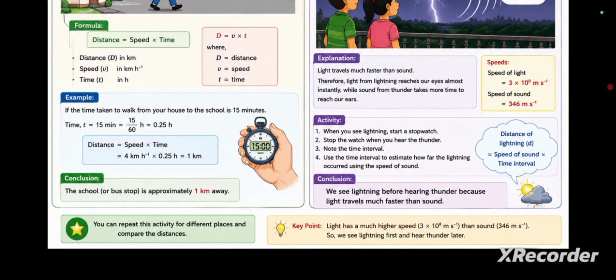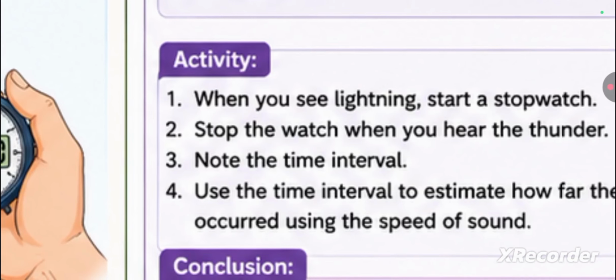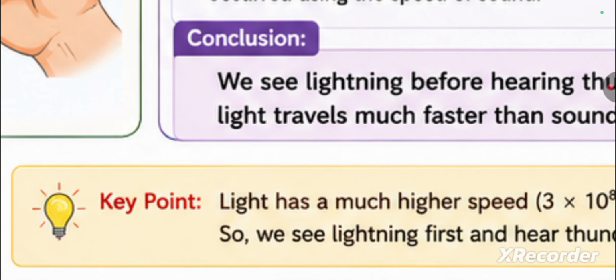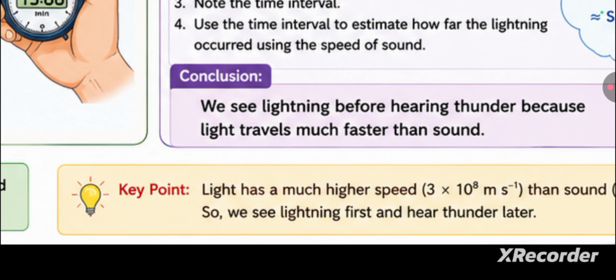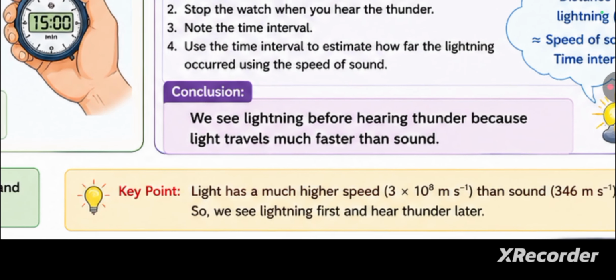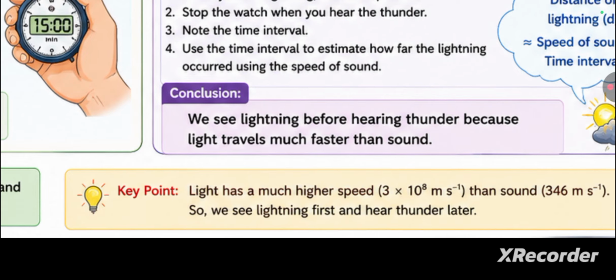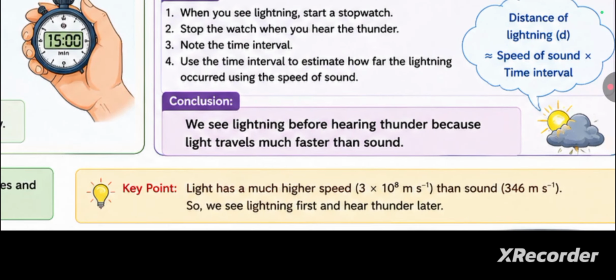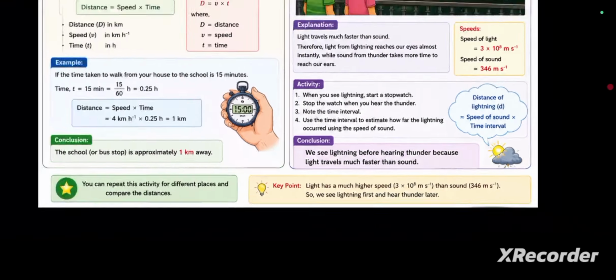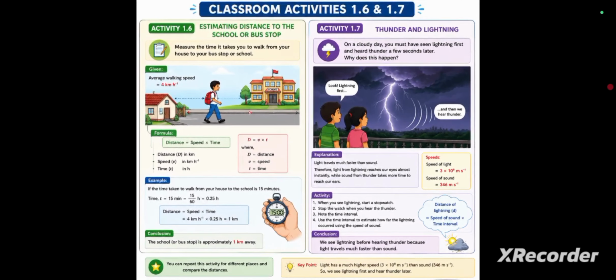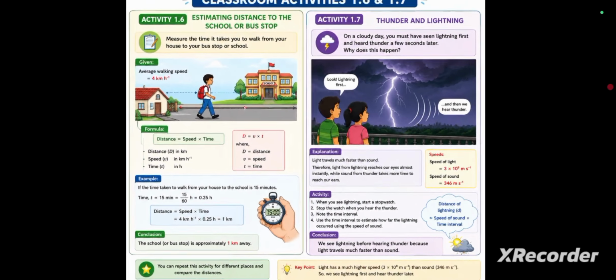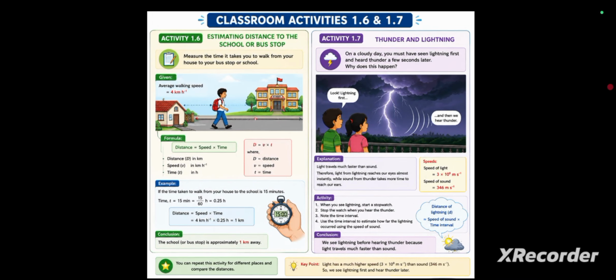Okay, the key point we learn in this topic: light has a much higher speed, 3 into 10 to the power of 8 meter per second, than sound, 346 meter per second. So we see lightning first and hear thunder later. All of you understand these two topics. Next, we have to solve the problems in this topic.